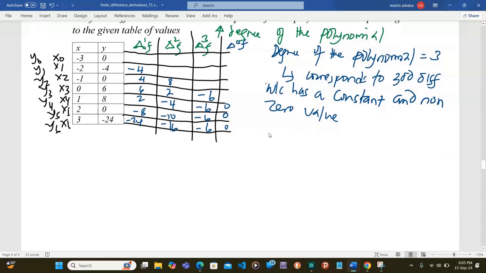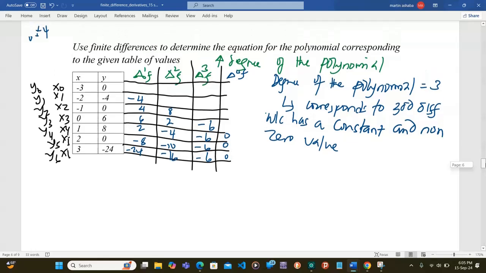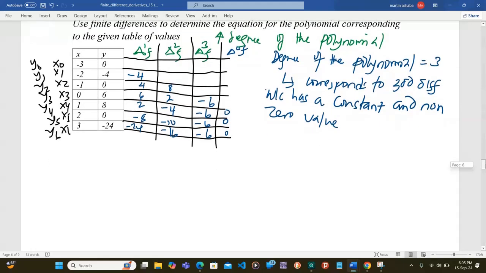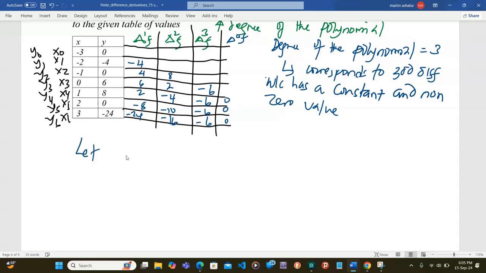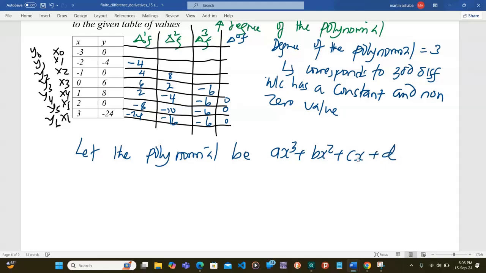Since I have already known that the polynomial is of degree 3, I can say let the polynomial be f of x is equal to ax cubed plus bx squared plus cx plus d.